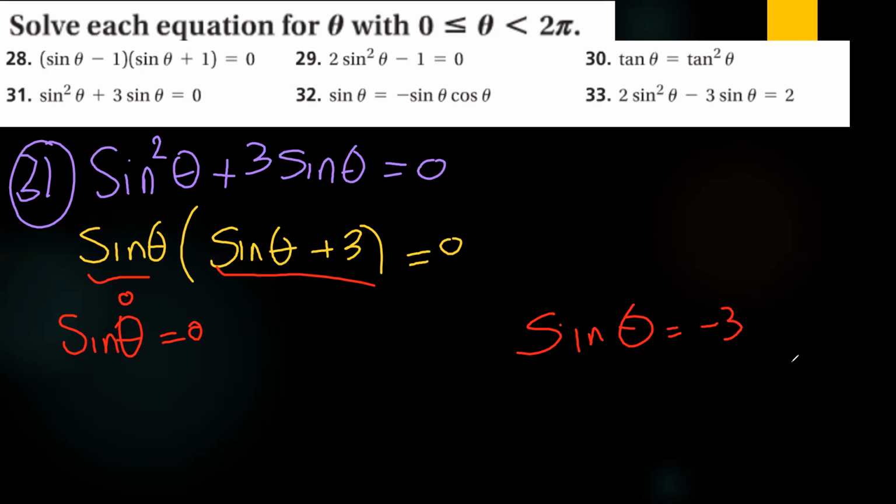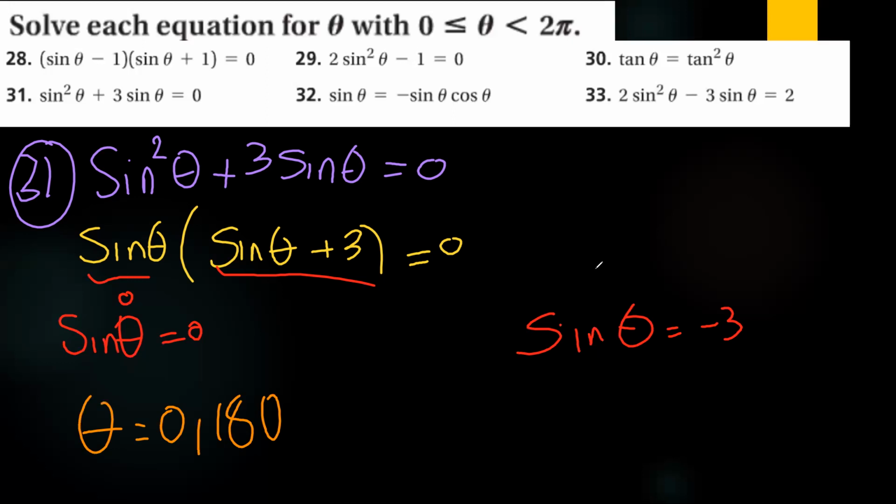Now, when the sine of theta is 0, if you remember the unit circle, when is it 0? At 0 and 180. So when theta is 0 and 180, its sine is 0. Now, when the sine of theta is negative 3, that isn't possible, exactly, because the range of sine is from negative 1 to 1.